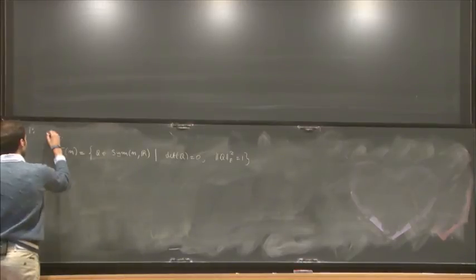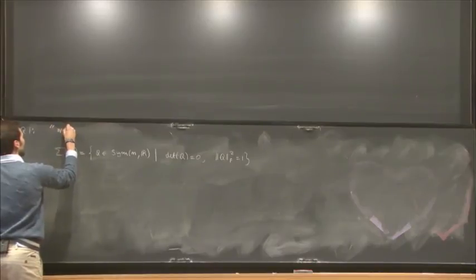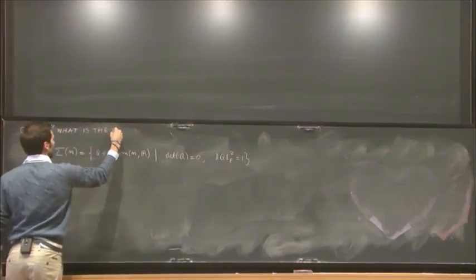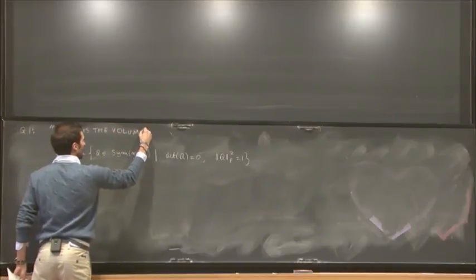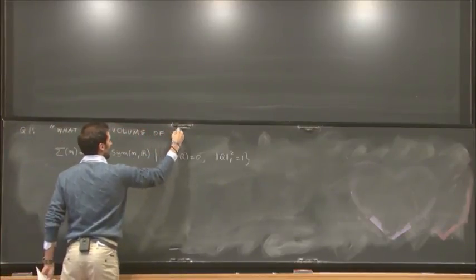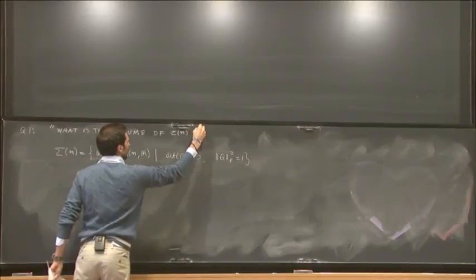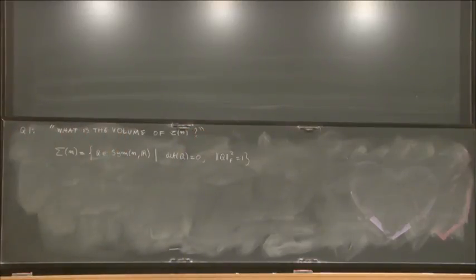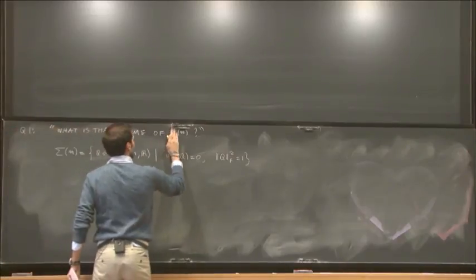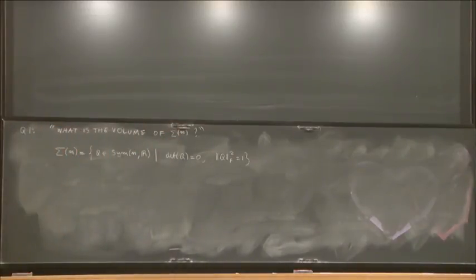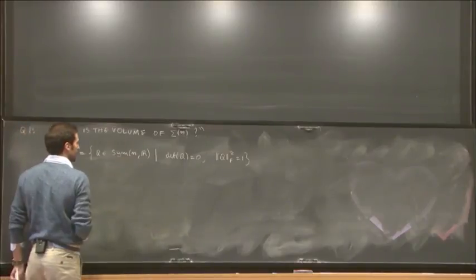And the first question is, what is the volume of sigma n? What I'm actually asking here is, we have a vector space, which is the space of symmetric n by n matrices.